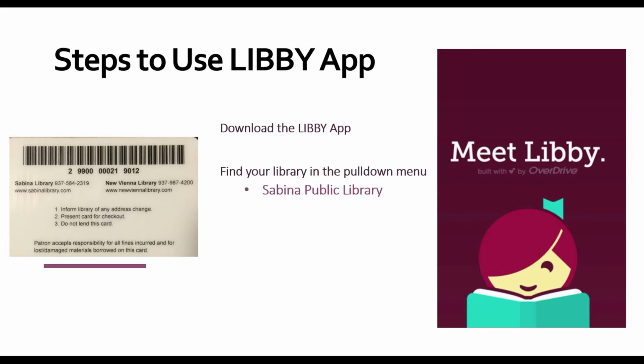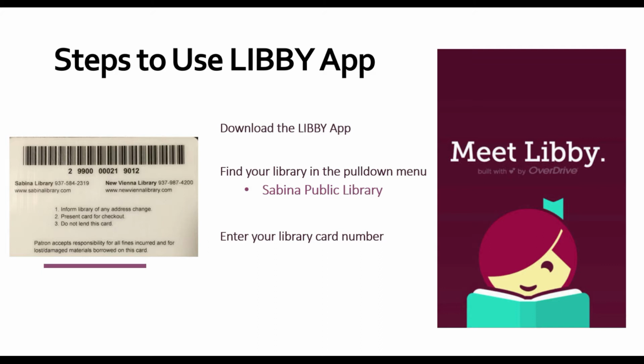Then you're going to find your library in the pull-down menu. The libraries are organized by library systems, so you are going to want to find the Sabina Public Library in that menu. And then finally, you're going to enter your library card number.